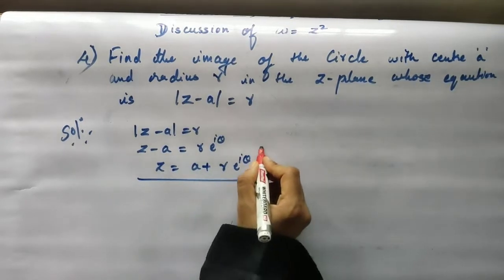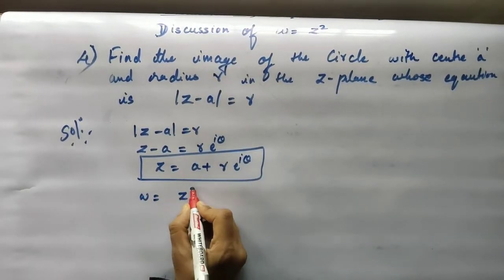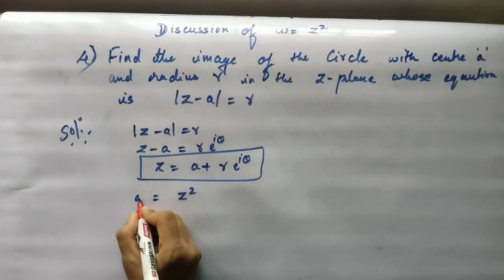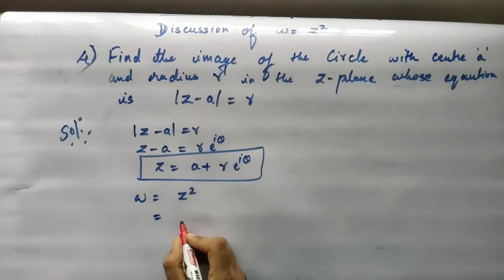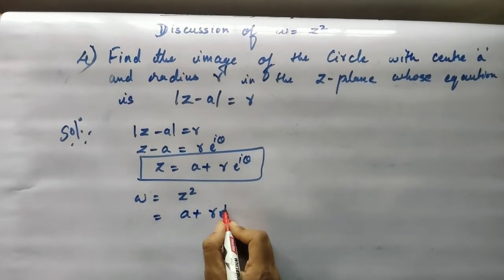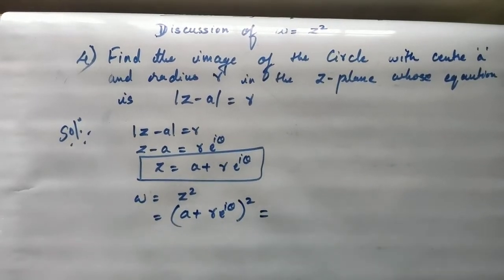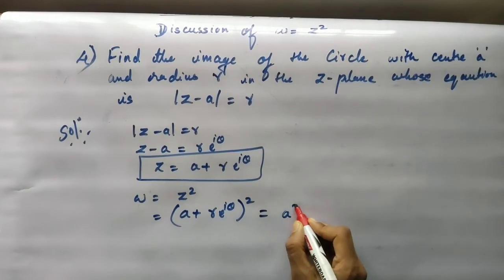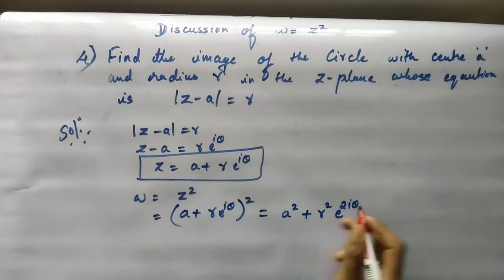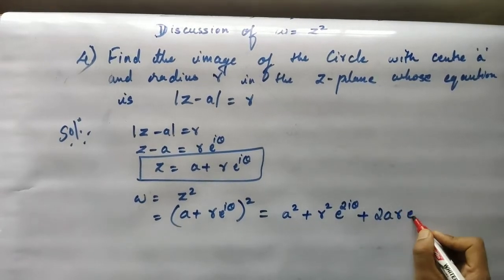We are going to substitute this z in our transformation, which is w = z². So w = (a + r e^(iθ))². Simplify this or use the formula. It will be a² + r² e^(2iθ) + 2 a r e^(iθ).